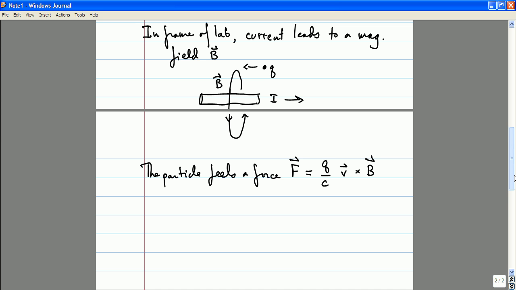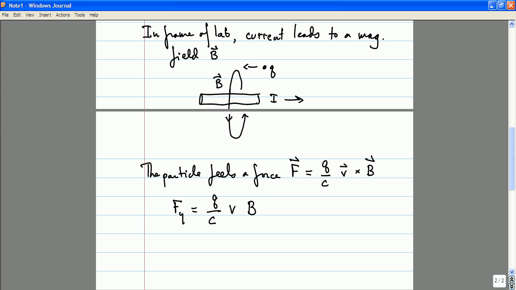So V cross B, if V is moving to the left, so that charged particle is moving to the left, and B is pointing out away from the blackboard at the point of the charged particle, then V cross B is up. So the force on the particle will be a force in the y direction whose size is Q over C times V times the strength of the magnetic field. So all of this is perfectly straightforward. It's the sort of problem that you would have considered in your freshman electricity and magnetism course.